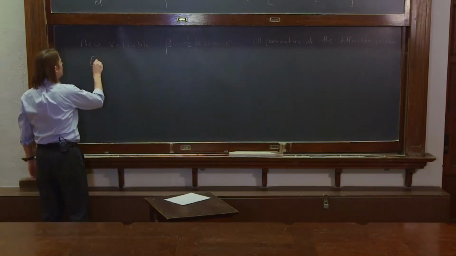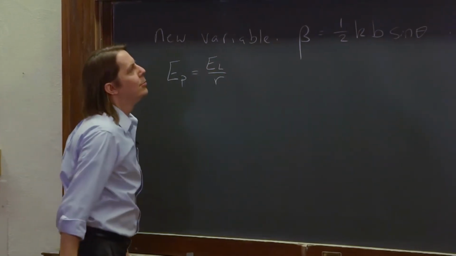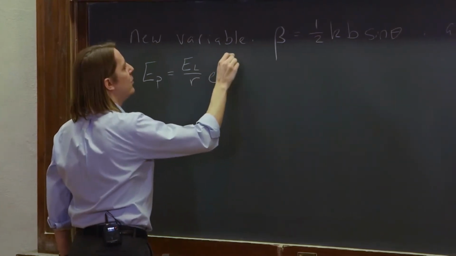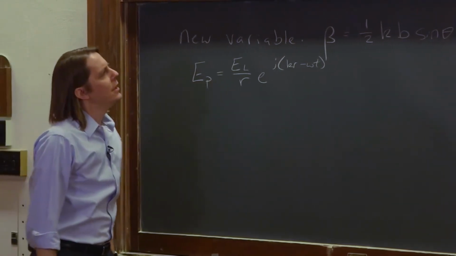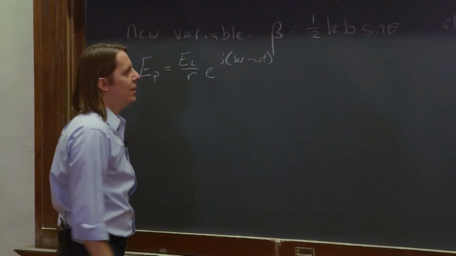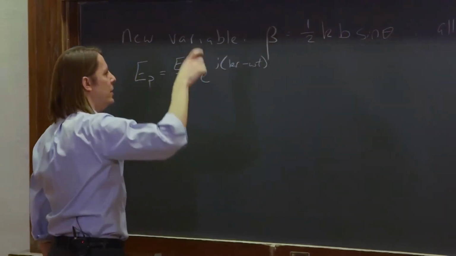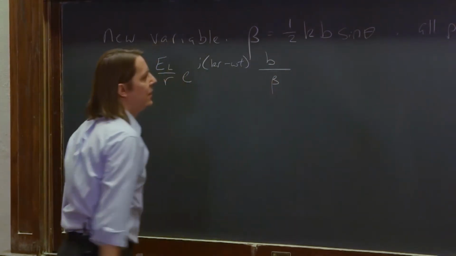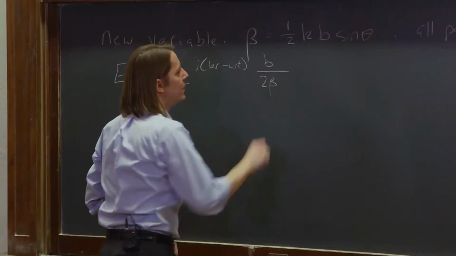E_P is the field amplitude per unit width over that distance r, the oscillating, the wave part, e to the j(kr minus omega t). And then we had 1 over jk sine theta. I want to replace that with 1/2 kb sine theta. So we need a b up top. We do have to add a b to be able to put a beta down here. And we also are going to need a 2 to make up for that half. Right?